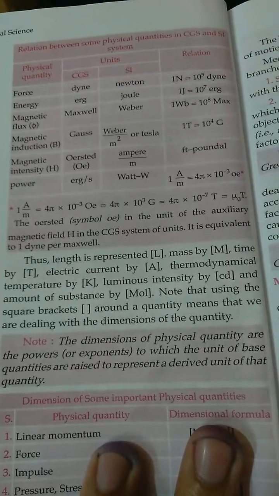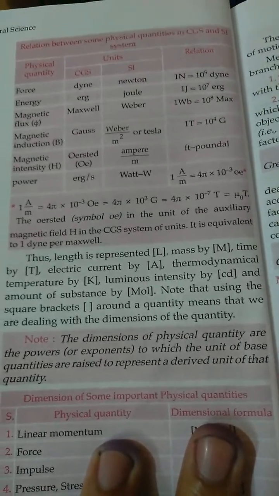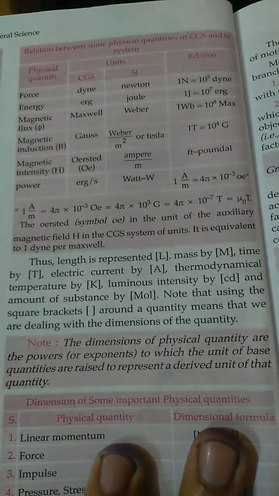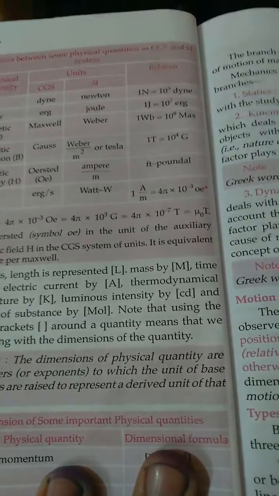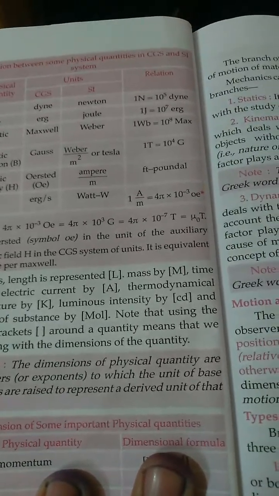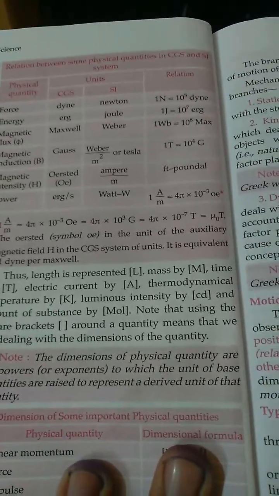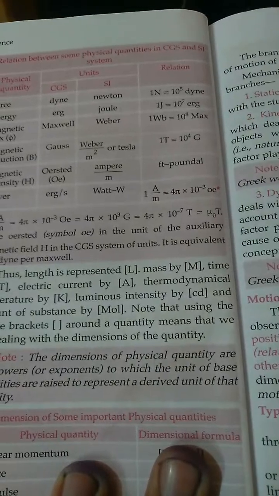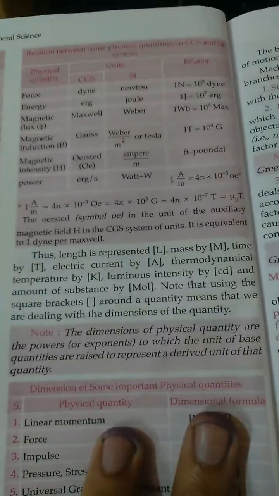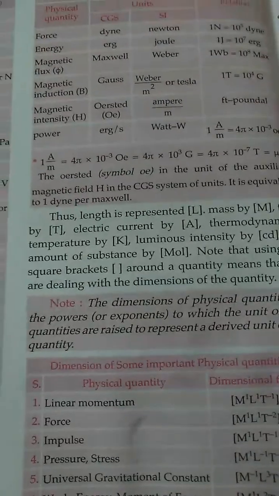CGS unit is erg divided by s, and SI unit is watt or W. Then we have relation 1 ampere divided by meter equal to 4 pi into 10 to the power minus 3 Oersted. Then we have a star mark.